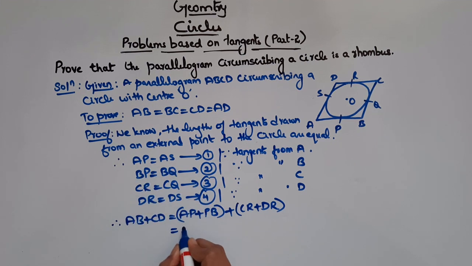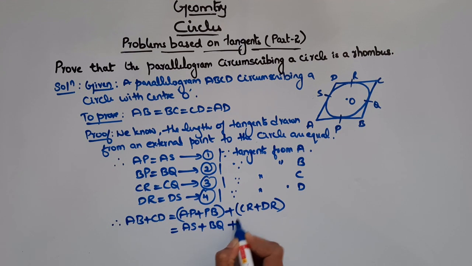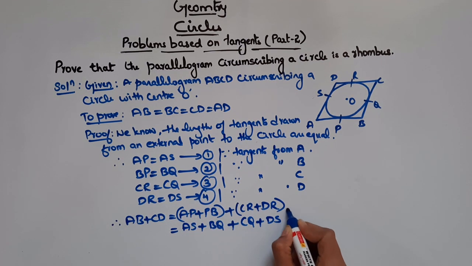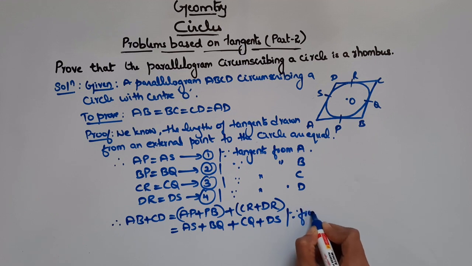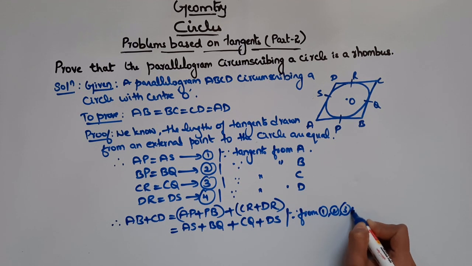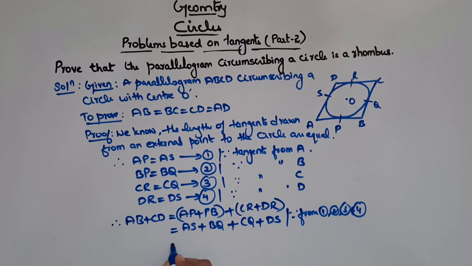AP is equal to AS, plus PB or BP is equal to BQ, plus CR is equal to CQ, plus DR is equal to DS, since from equations 1, 2, 3 and 4, right?